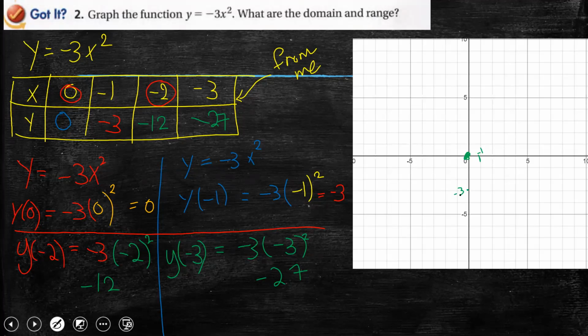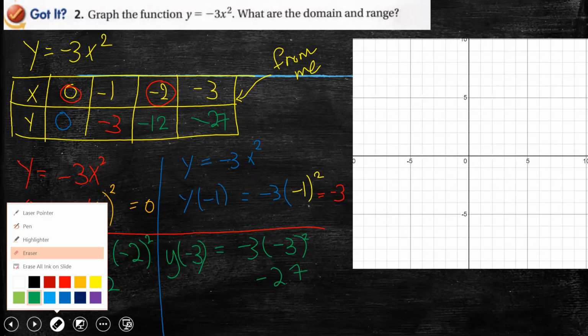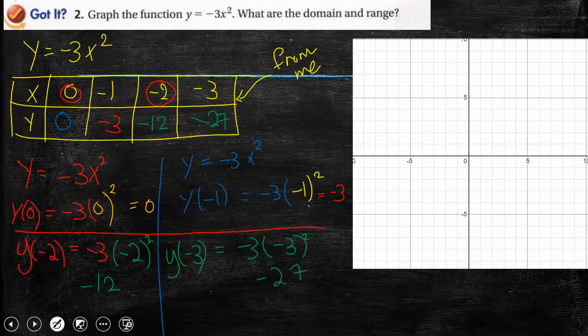Let's now put the numbers: here 1, 2, 3, 4, and so on, and here -1, -2, -3, -4, -5, -6, and so on.